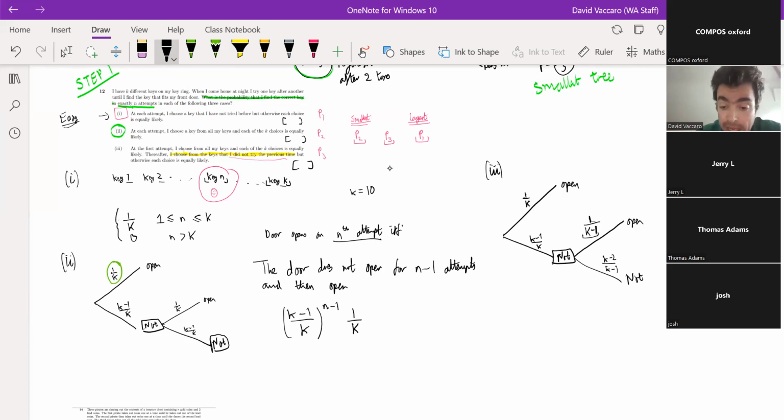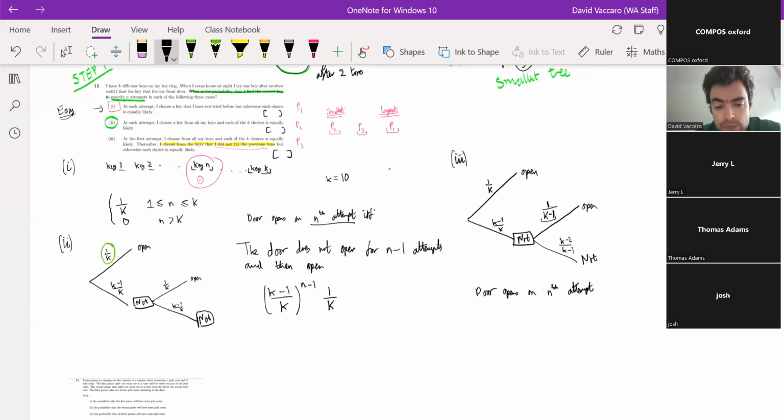So what needs to happen now for the door to open on the nth attempt? We need to have an initial failure, which is probability k minus 1 over k. Then we need to have n minus 2 failures like this.